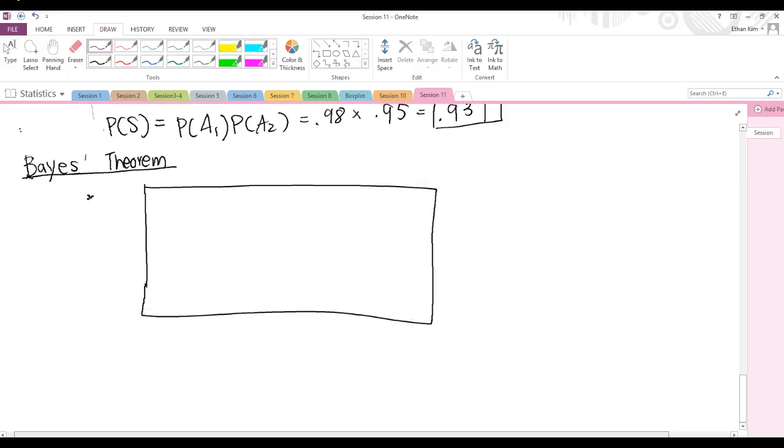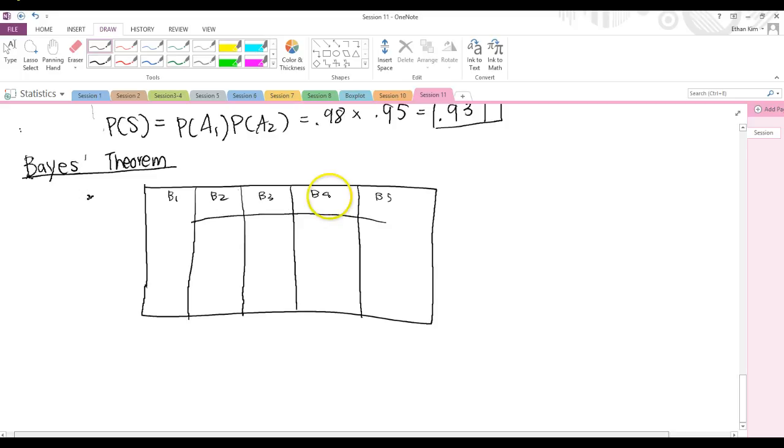So say that this is the sample space, and we have different sections here. Say this is B1, B2, B3, B4, and B5. And we have some kind of event going on right here.